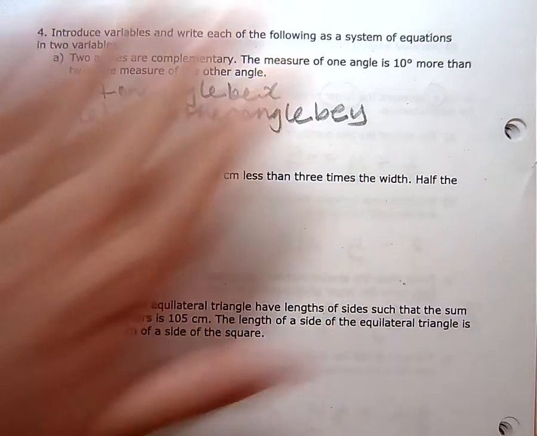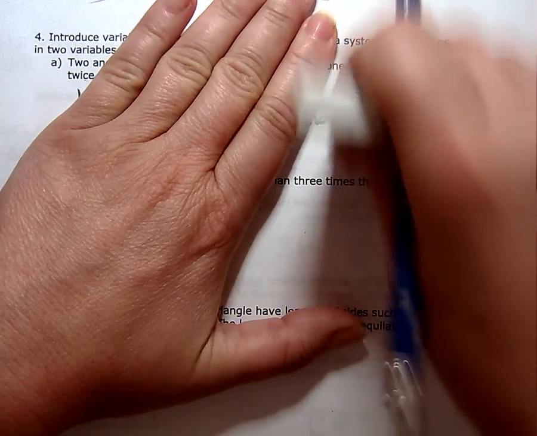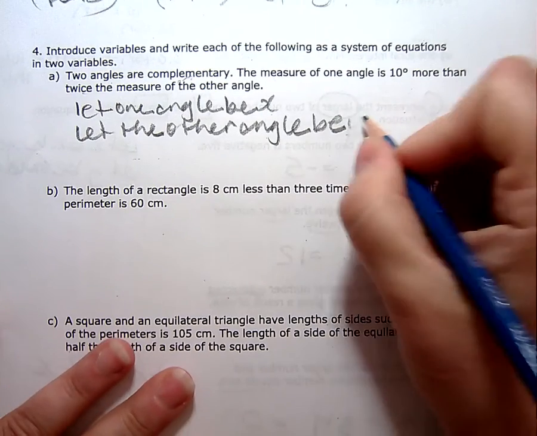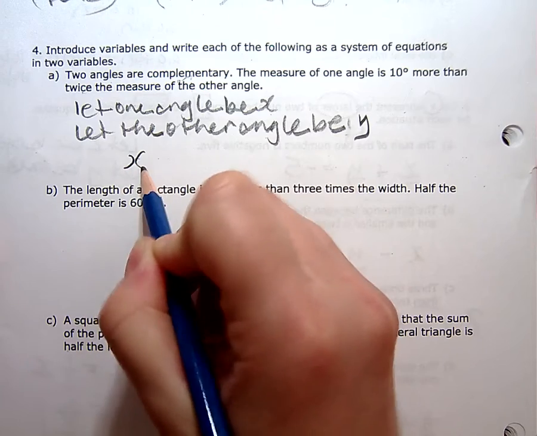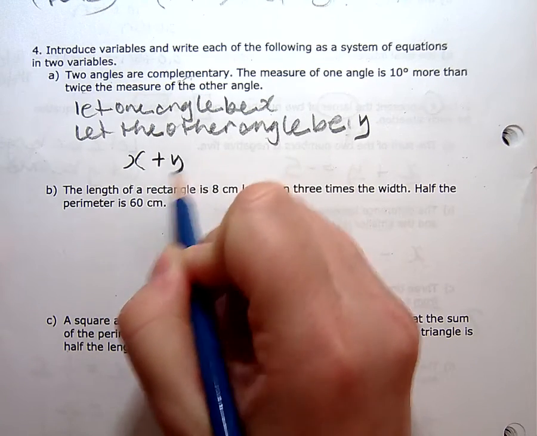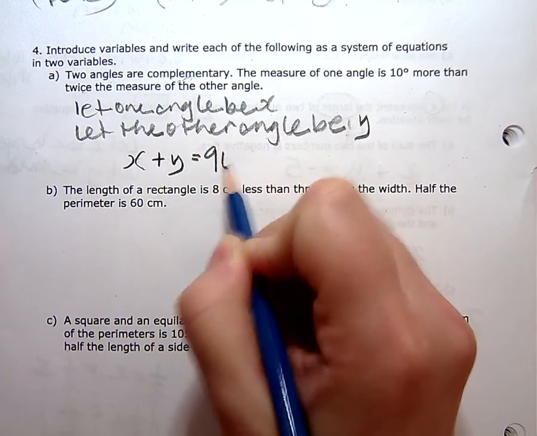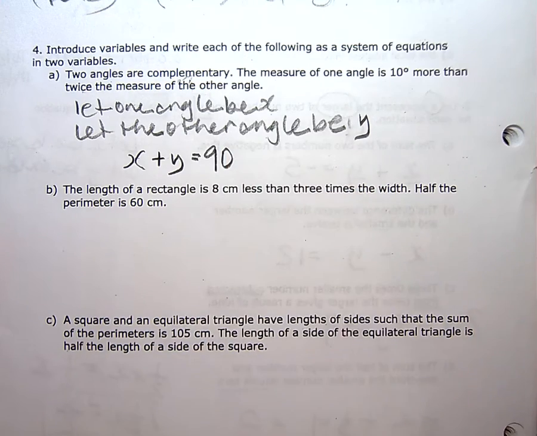I didn't put enough space, it looks like a b, so let me make some space there. Now I'm going to say that the angle x plus the angle y equals 90, because complementary means 90.